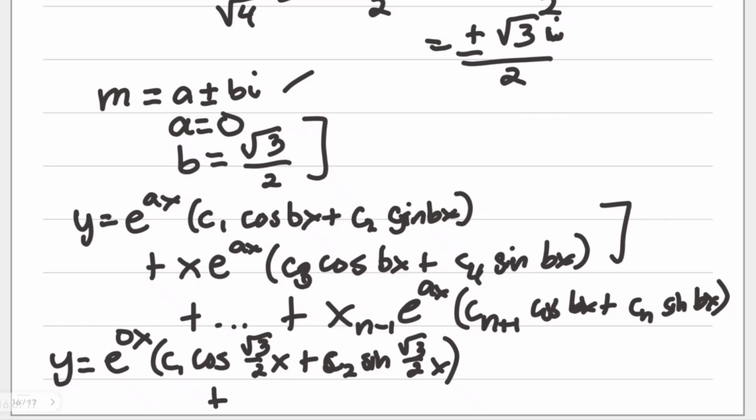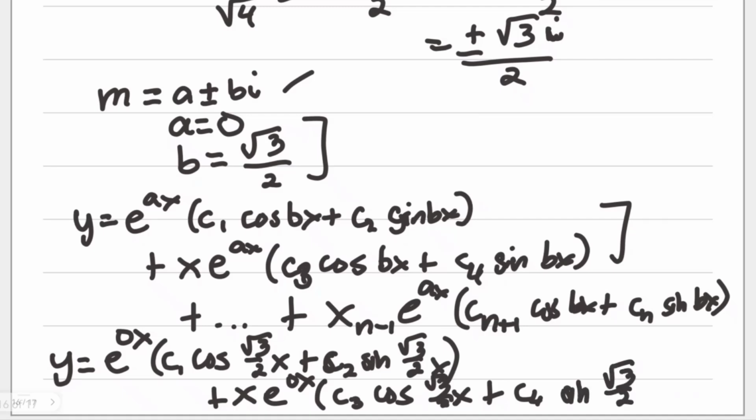Plus you will have your x e to the power of 0x as well, times c sub 3 cosine of the same square root of 3 over 2 x, plus c sub 4 sine of square root of 3 over 2 x. So we have our solution.